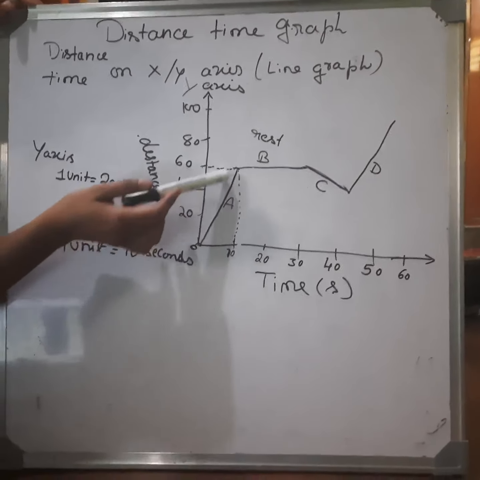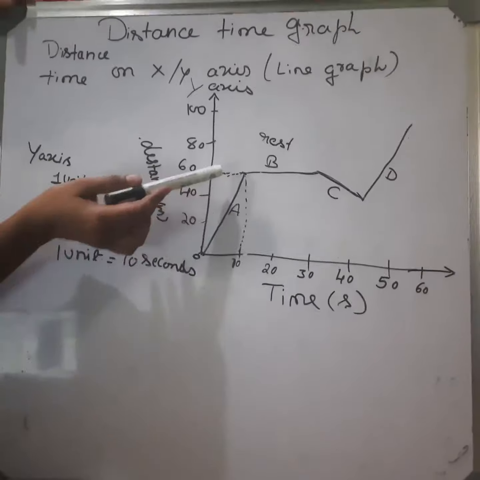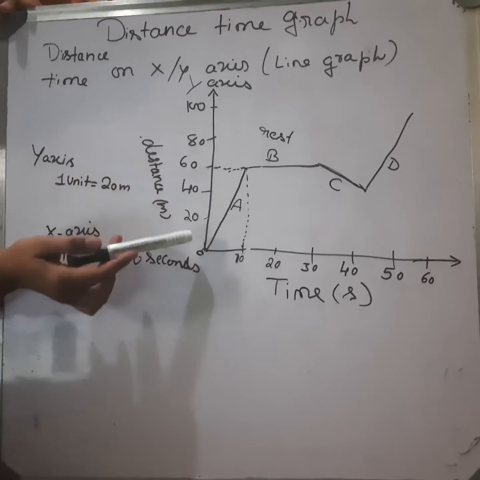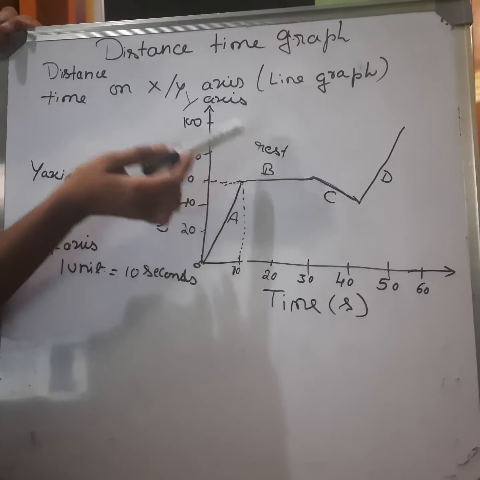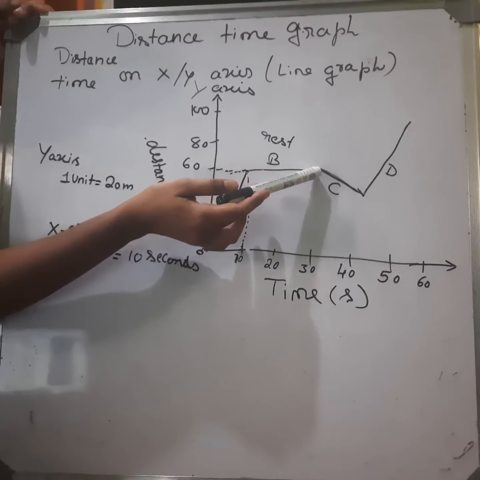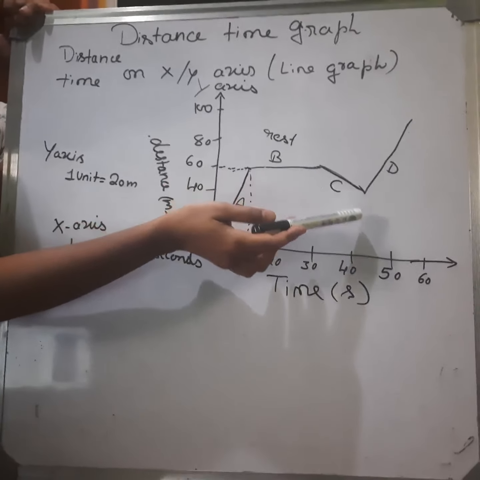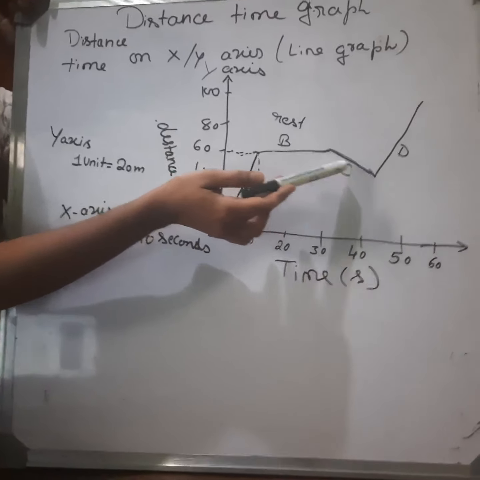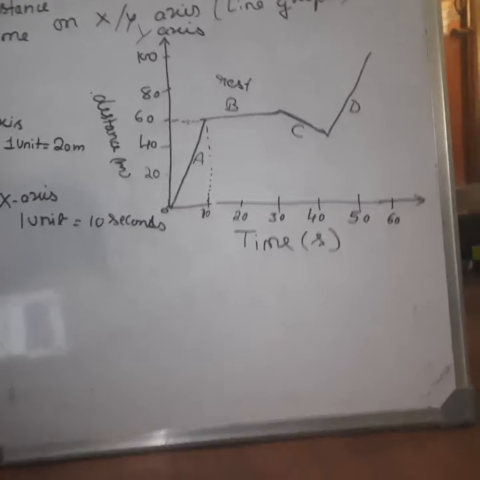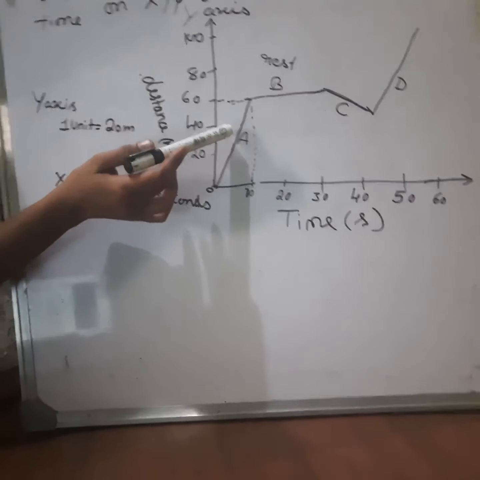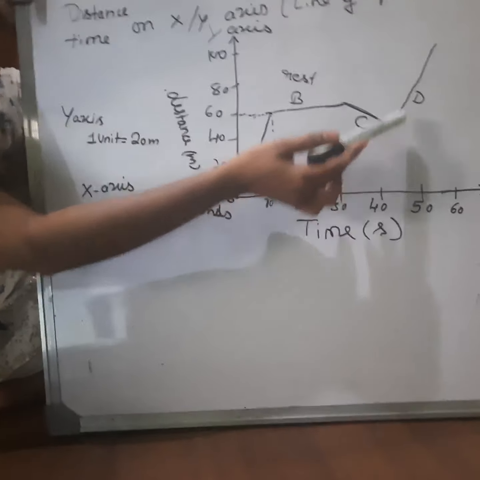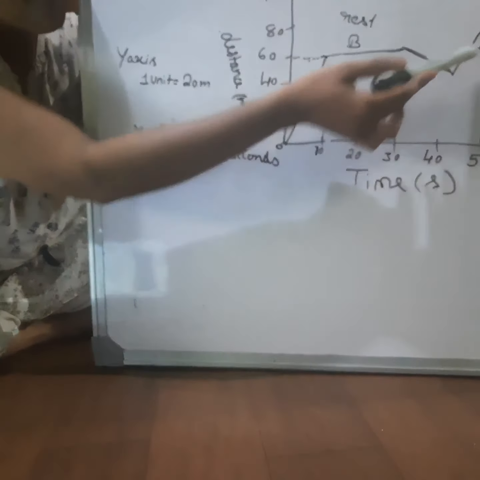Here in section A, the vehicle is moving in the positive direction. It is moving from rest to 60 meters covered. But in section B, it is at rest. And what is happening in section C? As you can observe, from 60 meters it is going back. So it's moving back. So the answer to the first question, in which section the object is traveling in a positive direction, is section A. Also, if you observe, from this point this slope is actually moving forward.